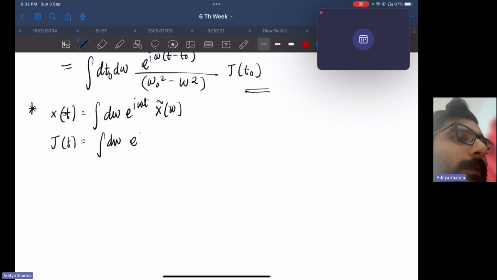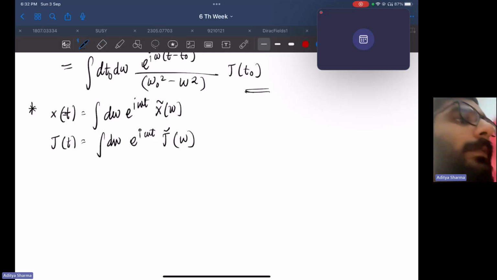What we are doing is the same thing which we did for the Green's function, but now with x and j.